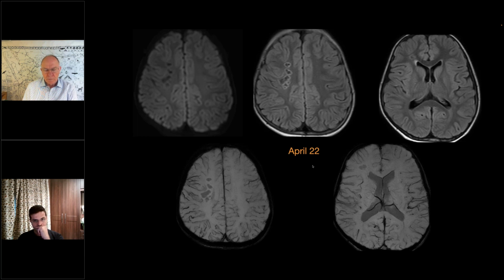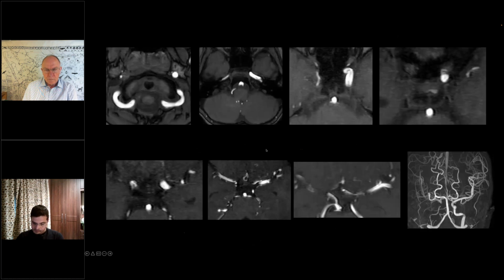Okay, the second MR. On the second MR, you can appreciate the chronic ischemic changes which were seen on the first MR in October. No new abnormalities are demonstrated. Again, nothing on the susceptibility sequences. Coming to the angio, again similar changes were seen in the internal carotid artery. It is again reduced in caliber.